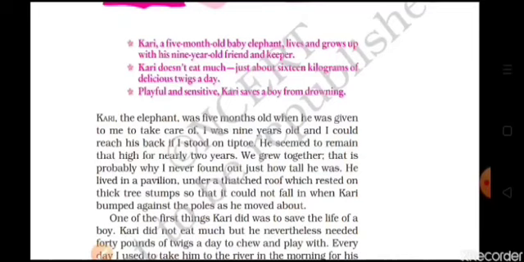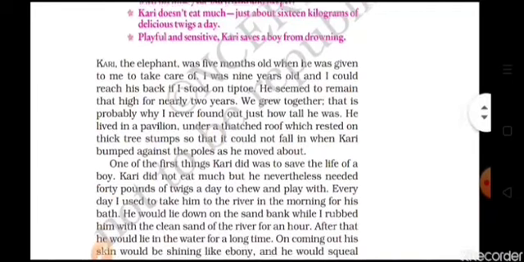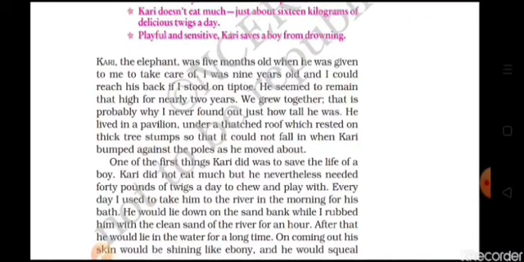Kari doesn't eat much, just about 16 kilograms of delicious twigs a day. Third point, playful and sensitive, Kari saves a boy from drowning. Now I am going to read the first paragraph.